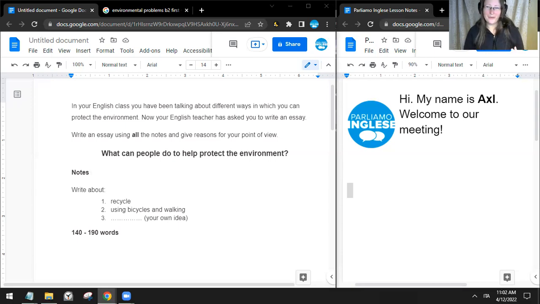We are not marked on the quality of our ideas. We are only marked on our ability to complete the task, how well we write when completing that task, and how well we communicate our ideas, but the quality of those actual ideas doesn't really matter.